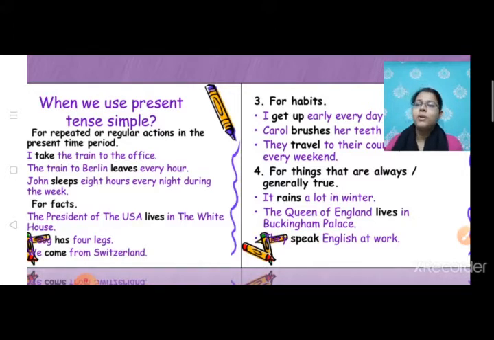The train to Berlin leaves every hour. That means this action is repeated every hour, and that's why we are going to use the present tense. John sleeps 8 hours every night during the week. So John sleeps, that is again a present tense because he sleeps every night during the whole week, and so we are going to use present tense.